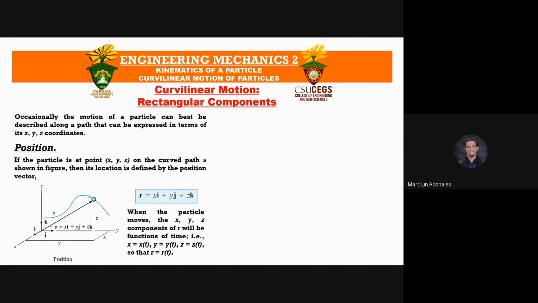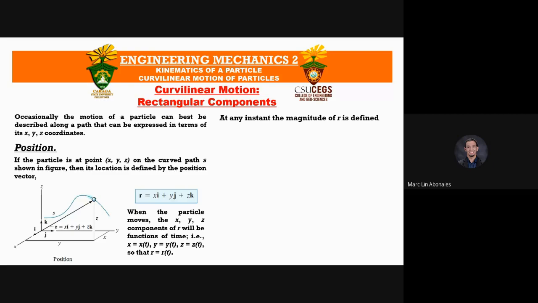And when the particle moves, the x, y, z components of your position vector r will be functions of time. So your x will be equal to x with respect to time, the same with your y and z components, so that your position vector r will be equal to r(t). So these components of your particle, which are x, y, z, are based on the function of time.